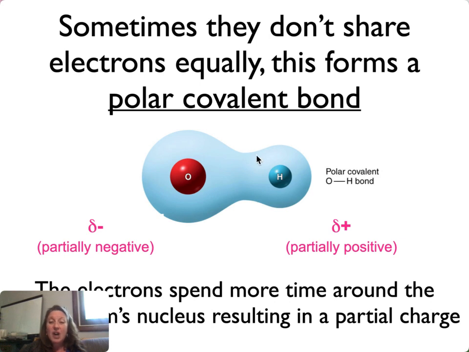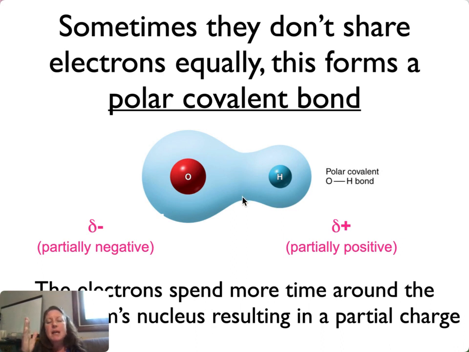Now, the electrons are like, well, hydrogen, you're very nice and all of that, but oxygen has 8 protons and we are so attracted to that. So the electrons spend more time orbiting around oxygen than they do going over here around hydrogen.